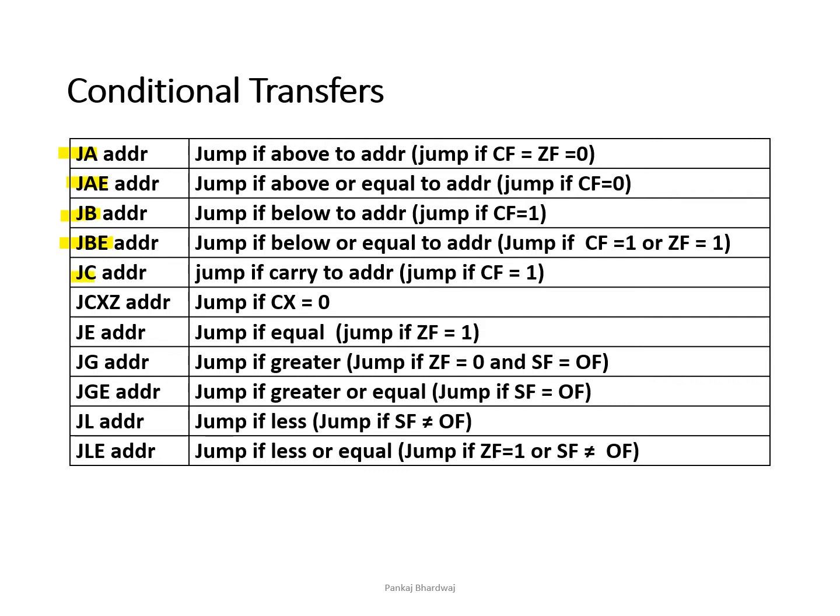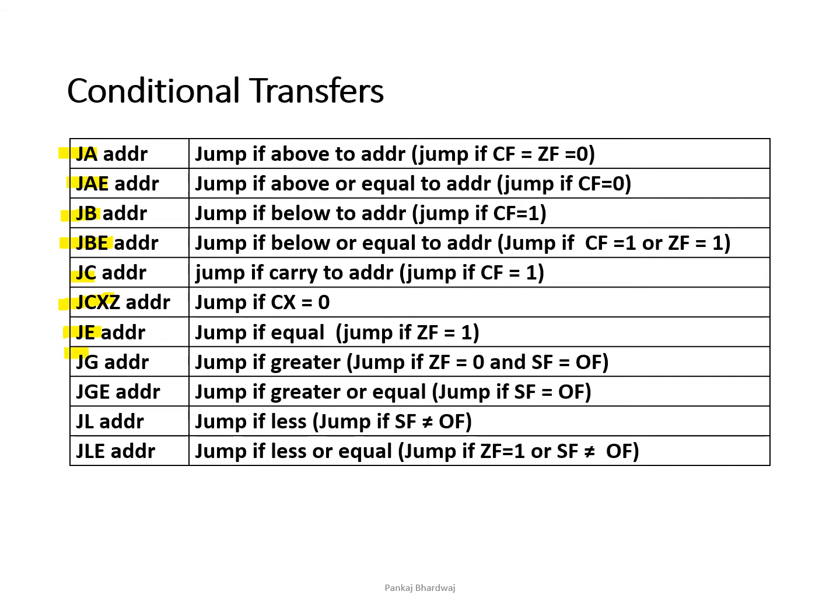JC stands for jump if carry. JCXZ, that means jump if the content in the register CX is equal to 0. JE only checks the equal, jump if equal.